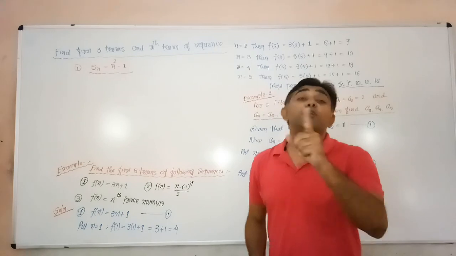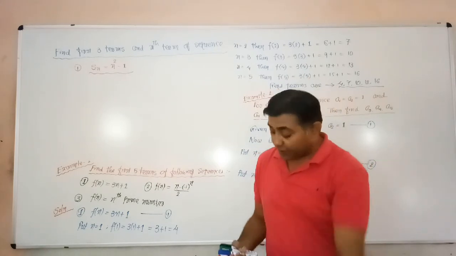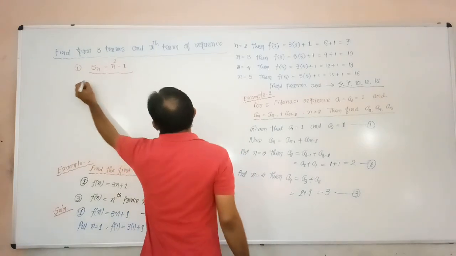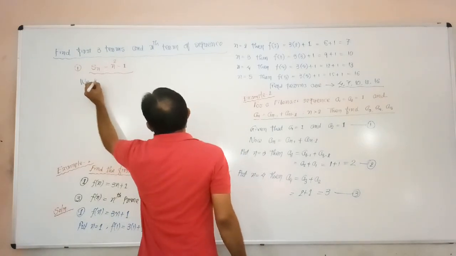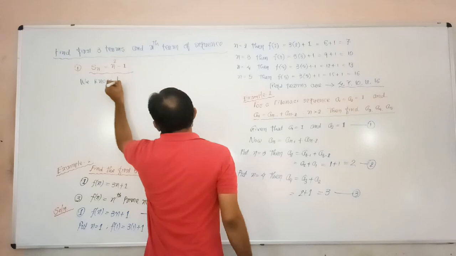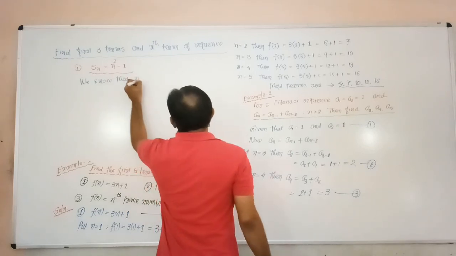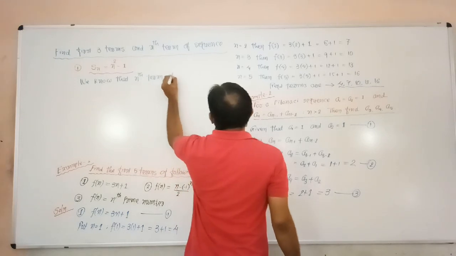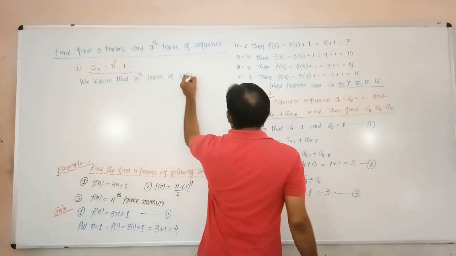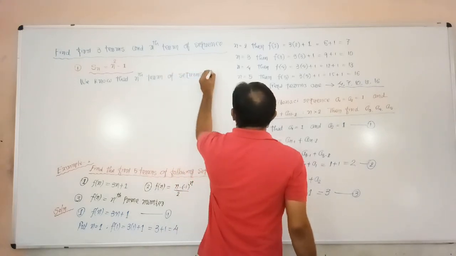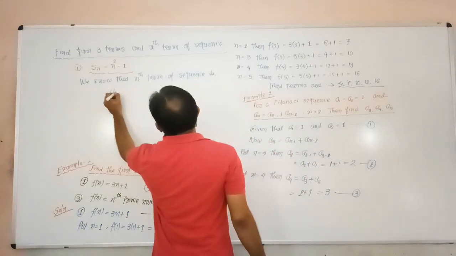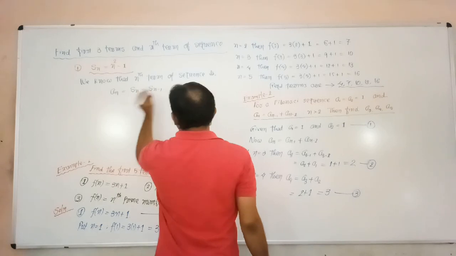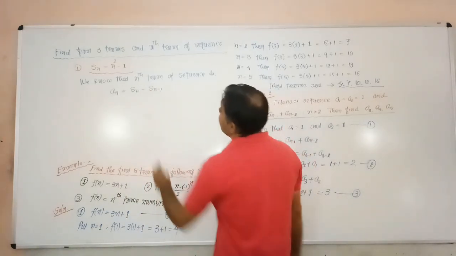So here your duty is to find an first. Let me give one clue to you. We have a formula to find the nth term of the sequence: an equals Sn minus S(n-1).